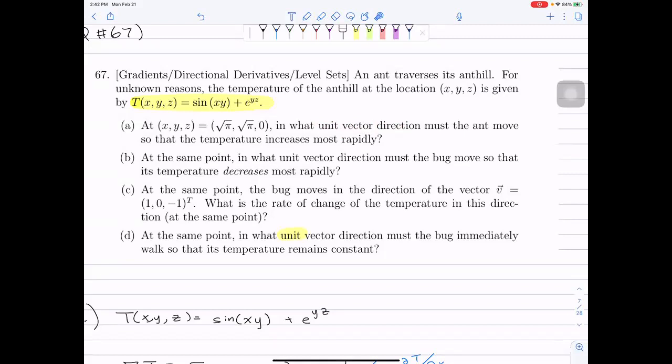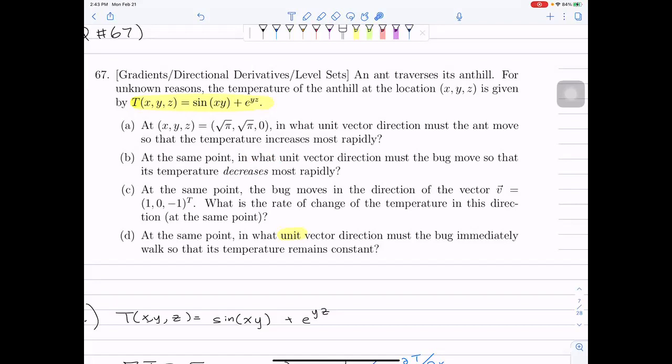You can check: the length of this vector is 1/9 plus 1/9 plus 1/3, which is 1. So the answer to part A is this vector.